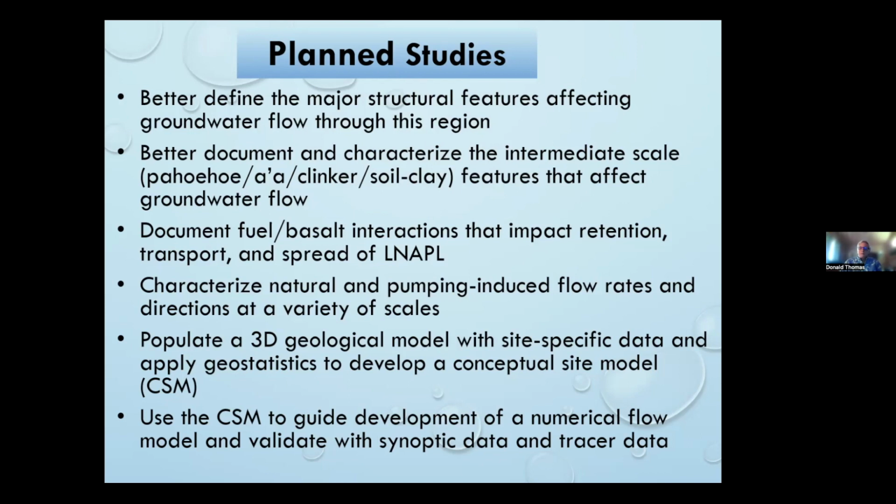We want to characterize the natural and pumping induced flow rates and directions at a variety of scales in this region.